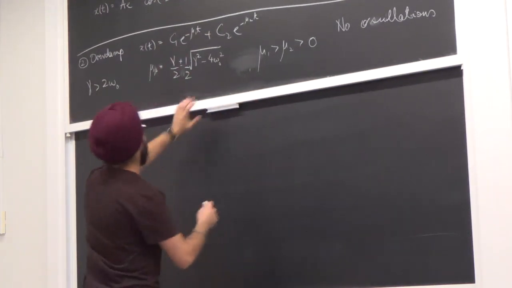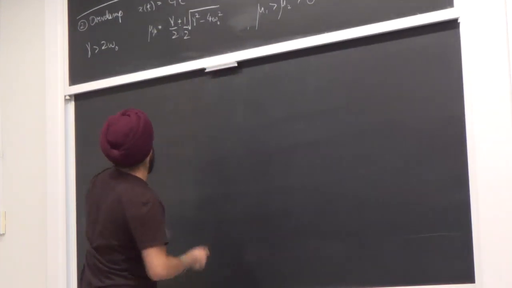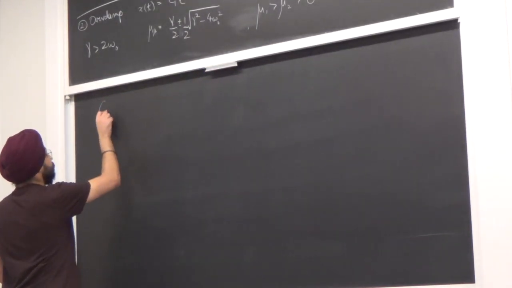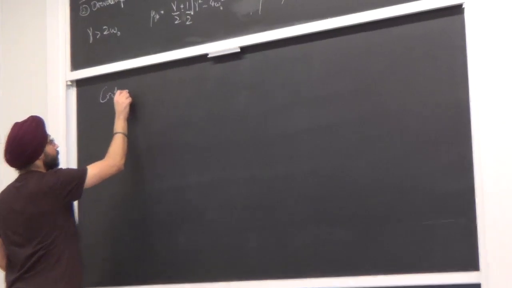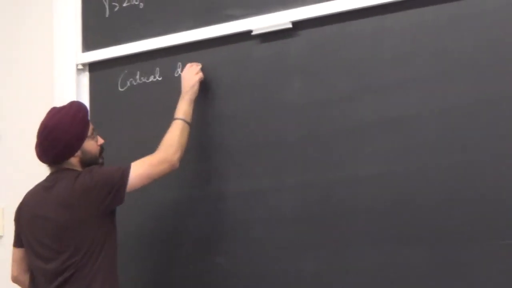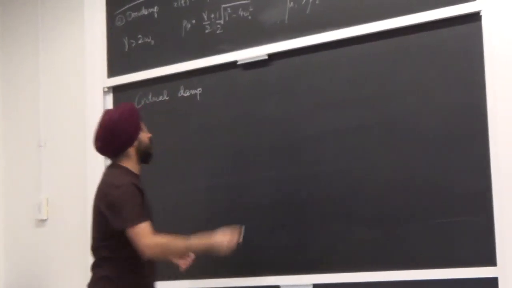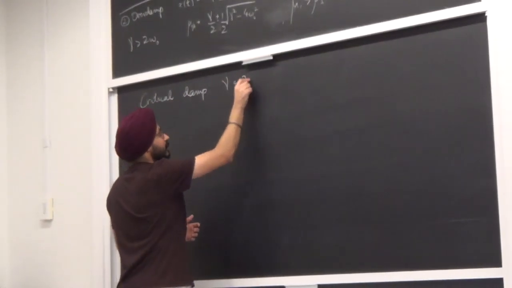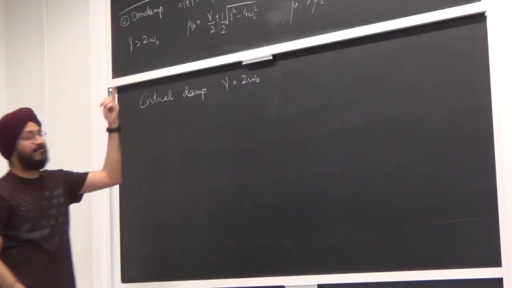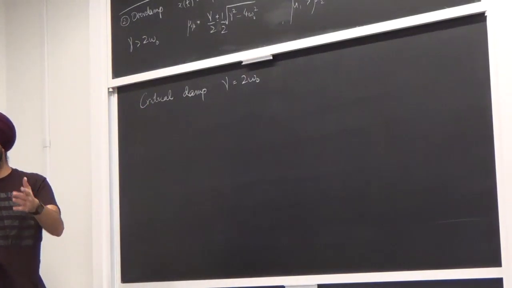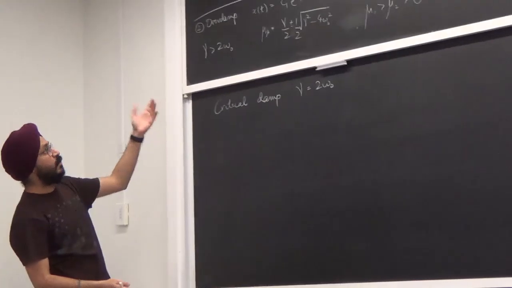And the third case was when we had critical damping, when exactly gamma equals 2 omega naught. In this case, alphas are degenerate. They both have the same value, just minus gamma over 2.